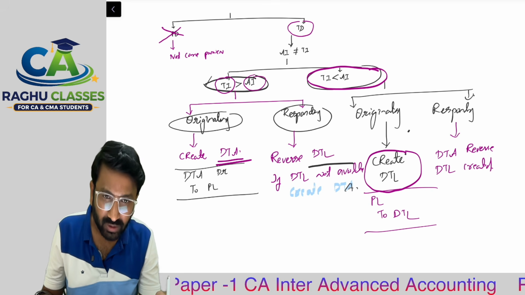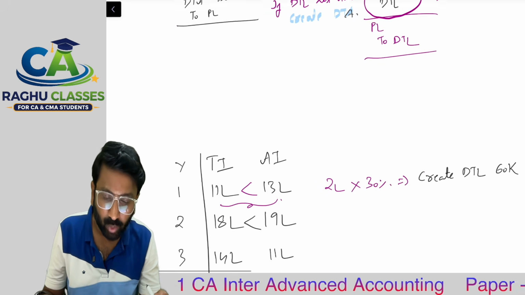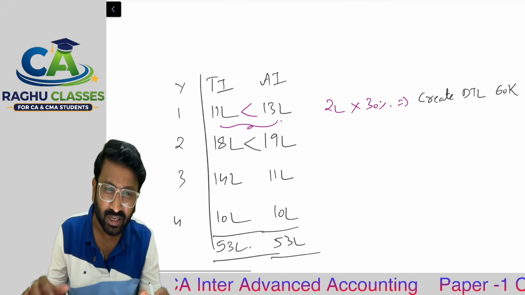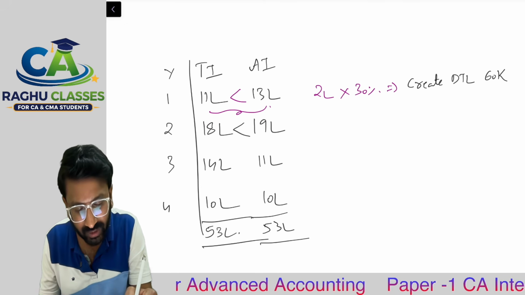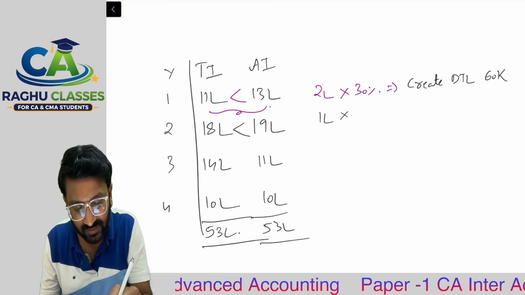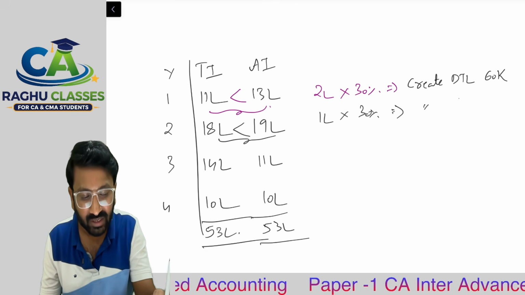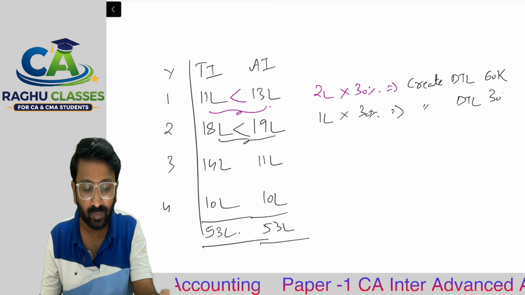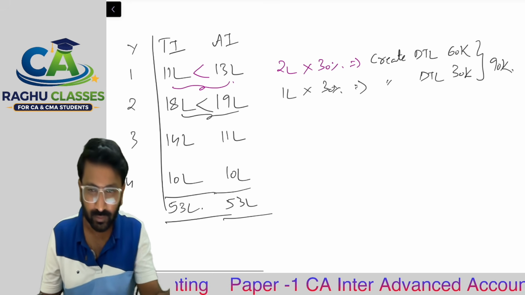If it is responding, if you have the asset, reverse it. But in this example, we don't have any asset. In year number one, we created liability only, so we cannot reverse the asset. So what am I going to do again? Create liability. The difference is 1 lakh. I'll apply 30% on that, so we again create DTL of 30,000. In my balance sheet, the deferred tax liability will be available for 90,000.